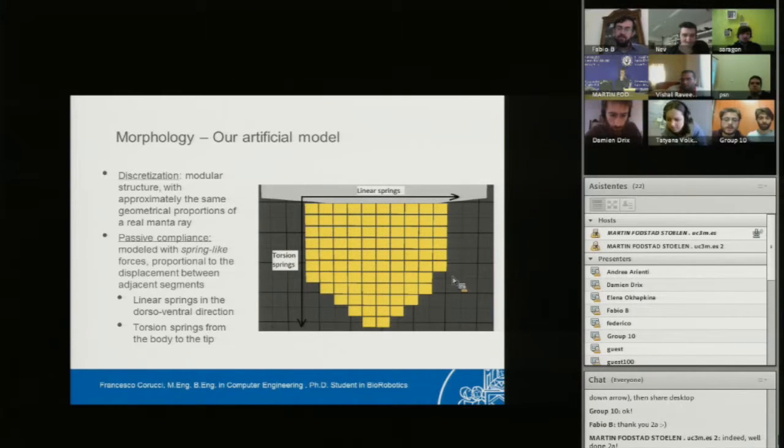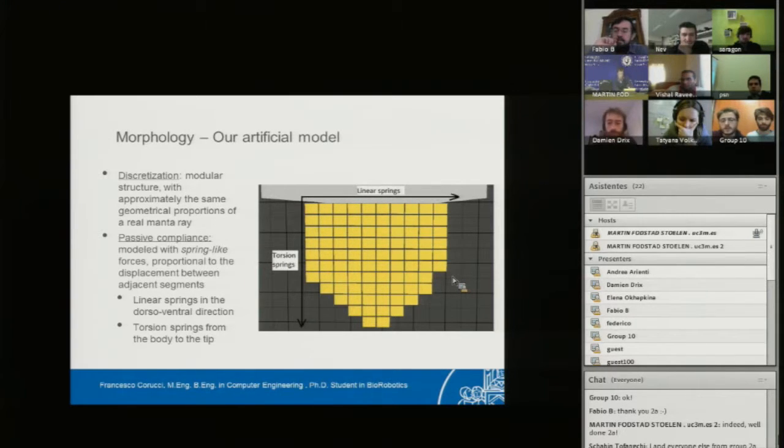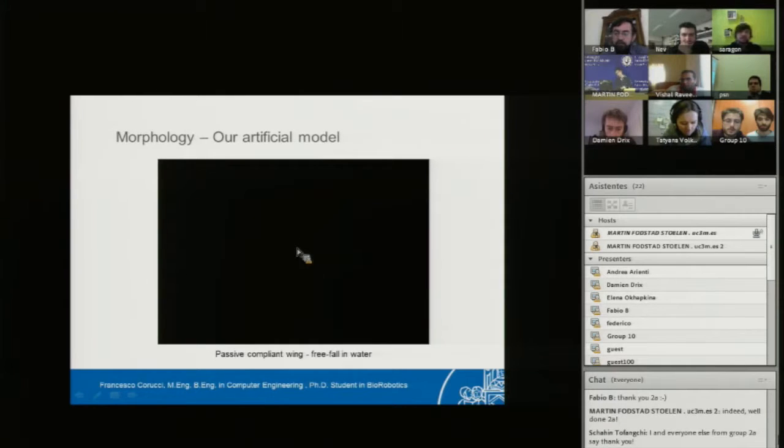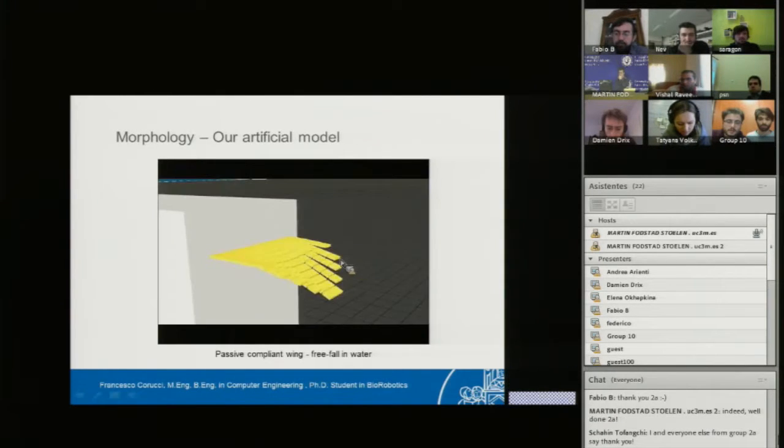We have torsion springs in the direction from the body to the tip of the wing, and linear springs that model the interaction between adjacent chains, in the dorsoventral direction. You can see, I hope the system will allow you to see the video properly, a test of this passively compliant structure.